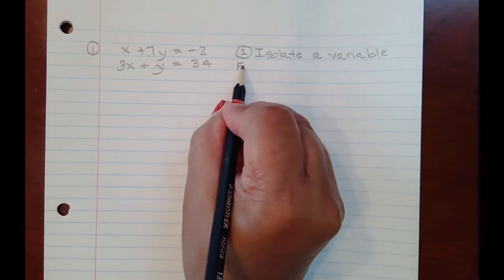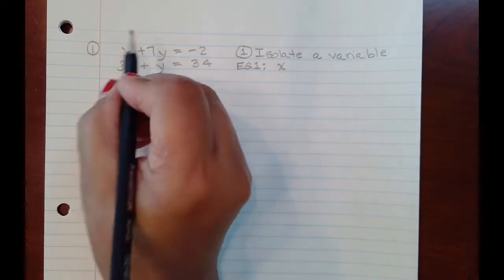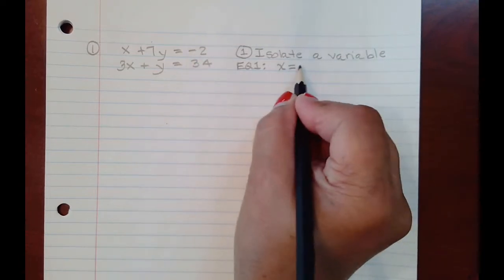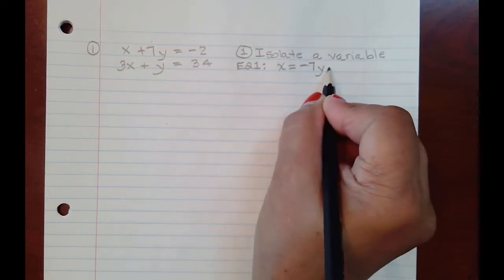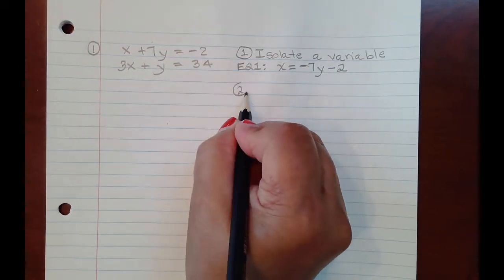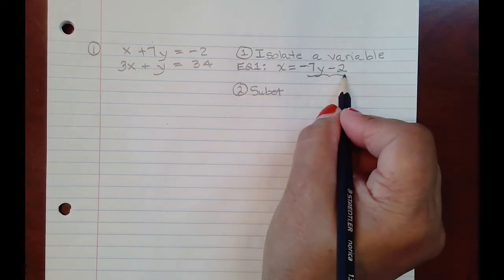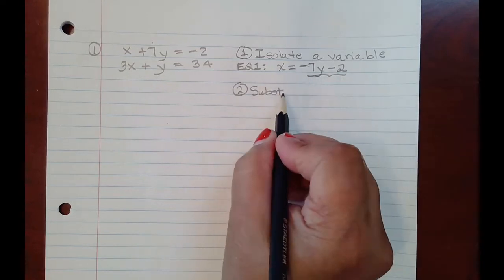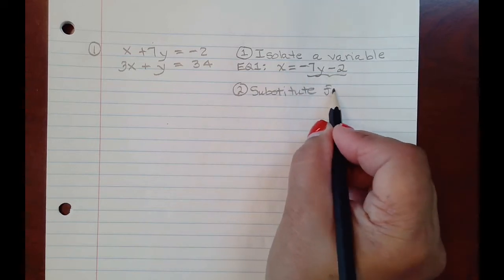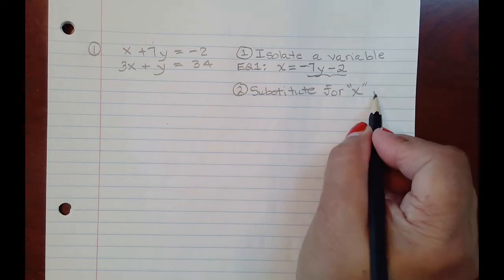So in using equation 1, and I'm going to isolate for x, which means all I have to do is bring this 7y to the other side, at which point it would be -7y, and I'll just move over that -2. Okay, then the next thing you're going to do is substitute. You're going to take this expression, which stands for x, and you're going to substitute for this variable that you just isolated. So now I'm going to substitute for x, but in the other equation.